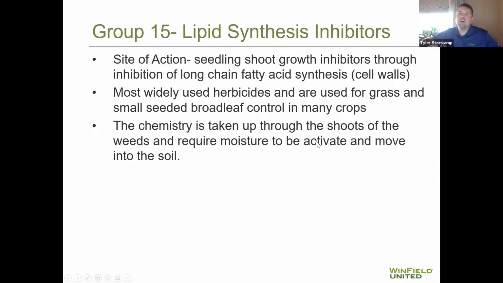Most of all of our other herbicides are either taken up foliarly or they're taken up through the roots. This one is actually taken up through the shoots. Okay, and the reason why this is important is because the herbicide has to be taken up through the growing shoot as it comes out of the ground.